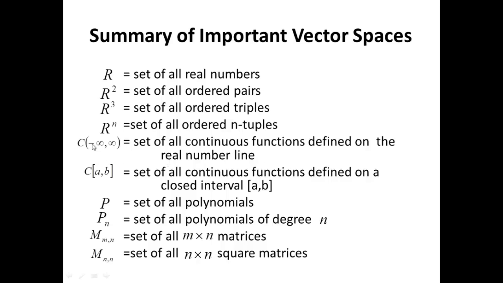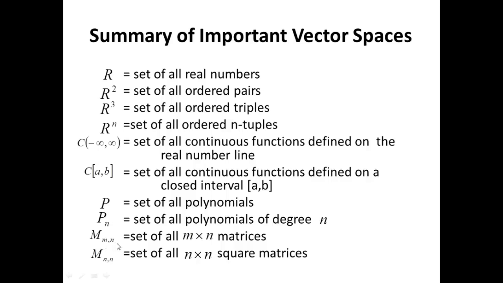C of [a, b], the closed interval a b, is the set of all continuous functions defined on the closed interval [a, b]. P is the set of all polynomials. Pn, the set of all polynomials of degree n.